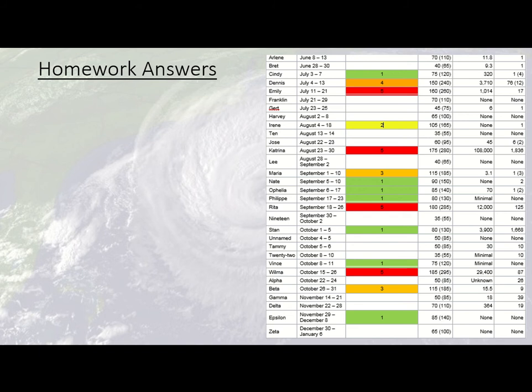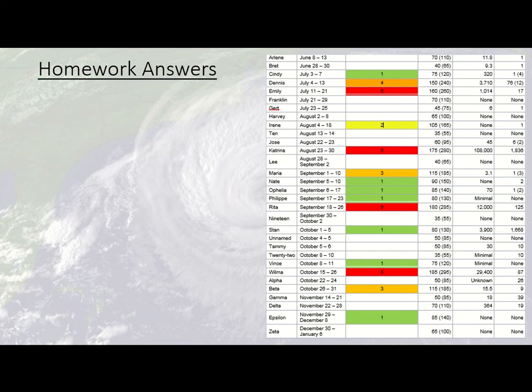So what I asked you to do to start with is to colour code those tropical cyclones according to whether they were category 1, 2, 3, 4 or 5 hurricanes. And if they didn't meet the requirements for at least category 1, just leave them blank. You can see there are quite a few category 1 hurricanes: Cindy, Nate, Ophelia, Philippe, Stan, Vince and Epsilon.